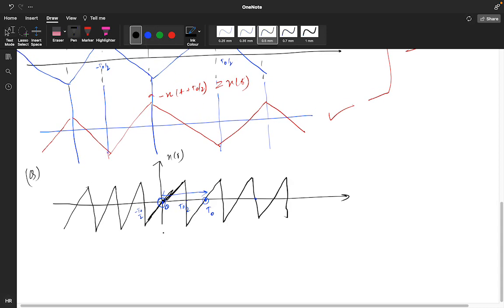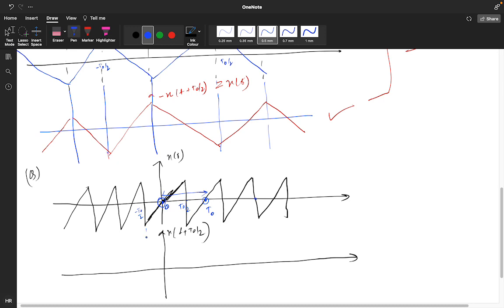If you draw the signal x of t plus t naught by 2, what will be the new curve you will get?